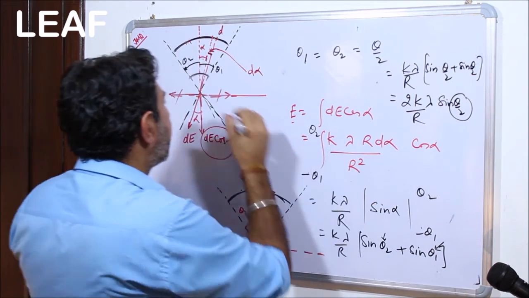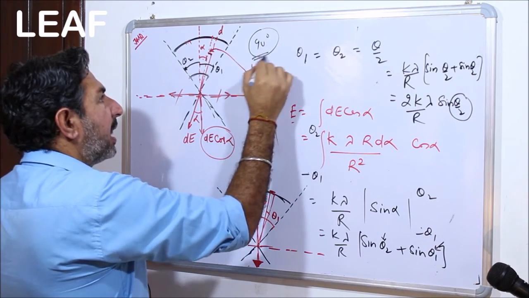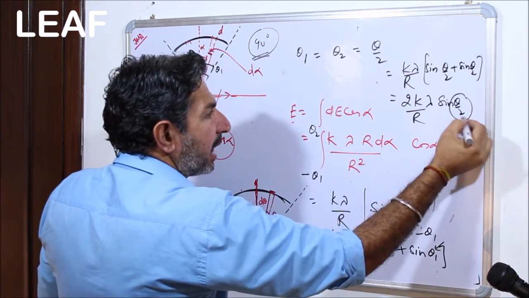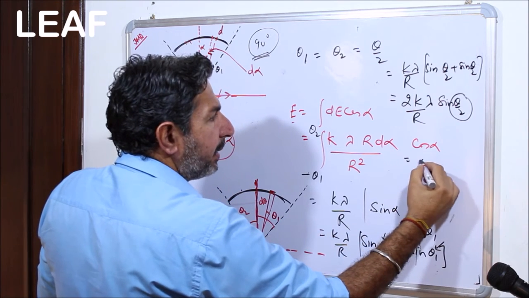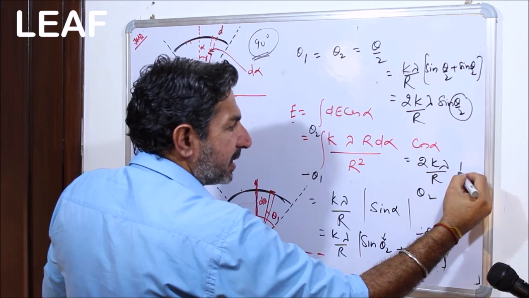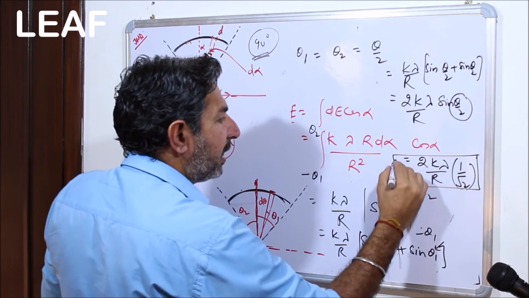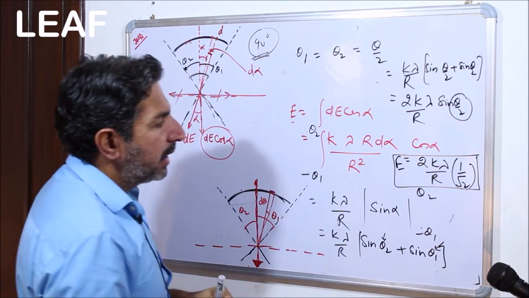And by the way, if this arc is of 90 degrees, theta by 2 becomes 45 degrees. So it will be 2k lambda by R into sin 45, and sin 45 is 1 by root 2. So that is what you are going to have as the final result of E.